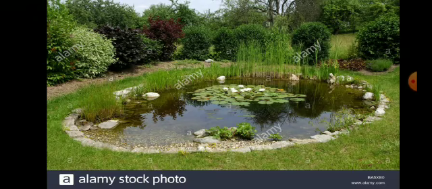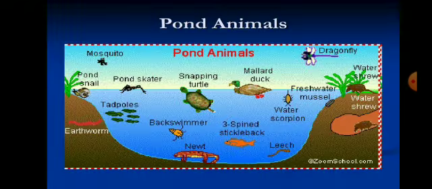To study them more closely, we need to see the different regions in the pond where communities of some organisms are present. Now you can see here the picture of a pond, the overall picture of a pond. Here you can see the animals that are present in a pond and surface of the pond, middle of the pond, margins of the pond, and also bottom of the pond we find animals.